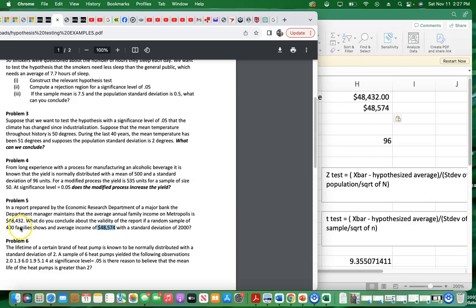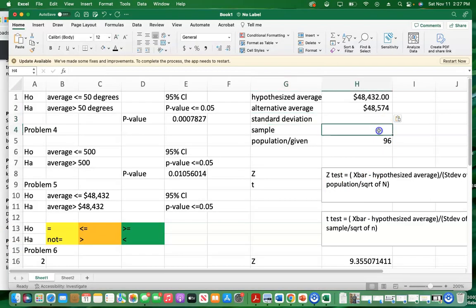So can we say this is a big sample size that we can consider to be the population data? Probably. But at this time, let's consider this as sample data, because here we're talking about random sample data. So this is the standard deviation of the sample data. So let's write here 2,000.